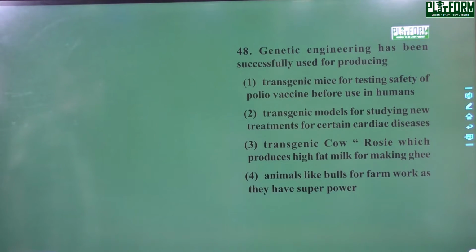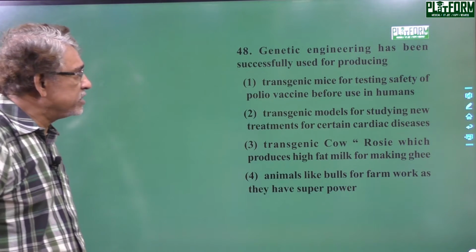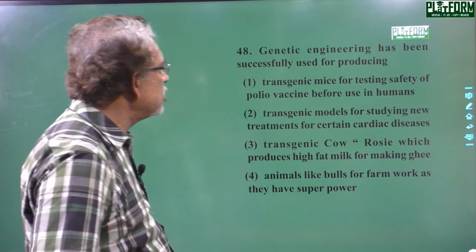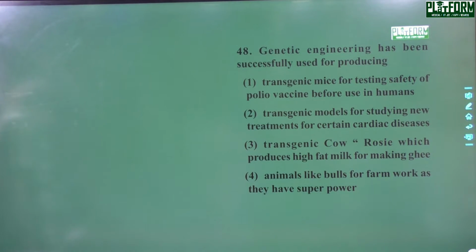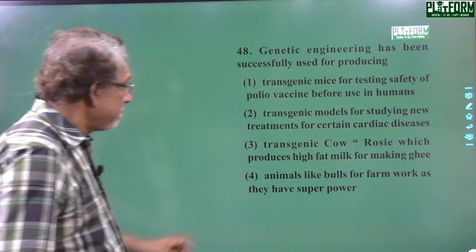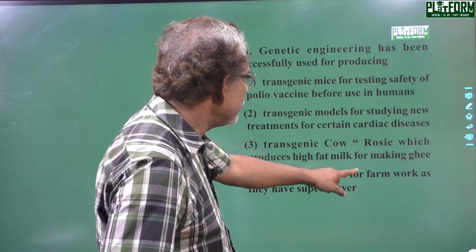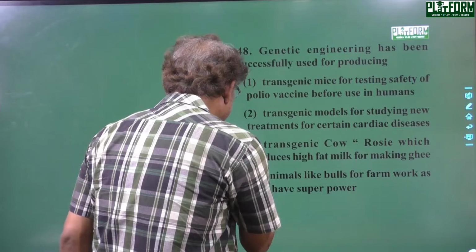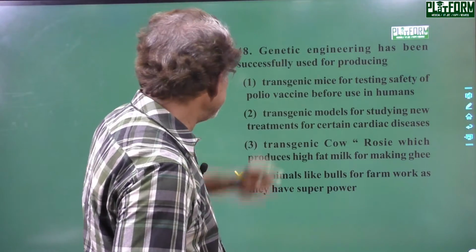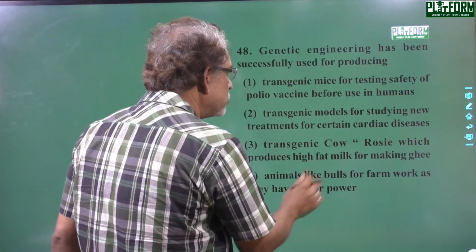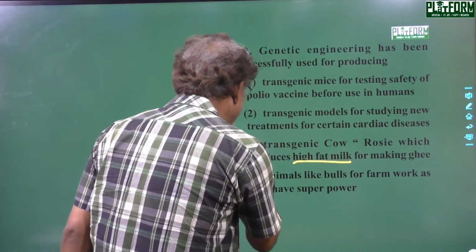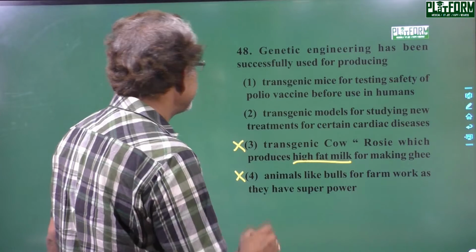Next, question number 48. Genetic engineering has been successfully used for producing animals like bulls for farm work, as they have superpower? It is not related to genetic engineering. Transgenic cow Rosie, which produces high fat milk, not fat milk, it is not true.